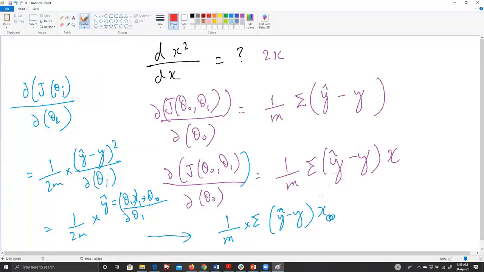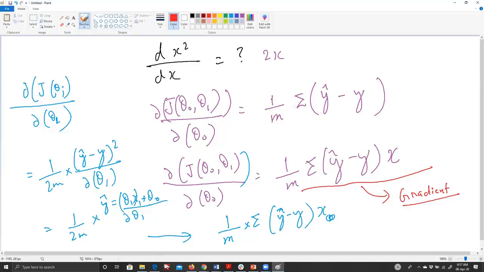Now remember, what you just got is the gradient. This is the gradient form.